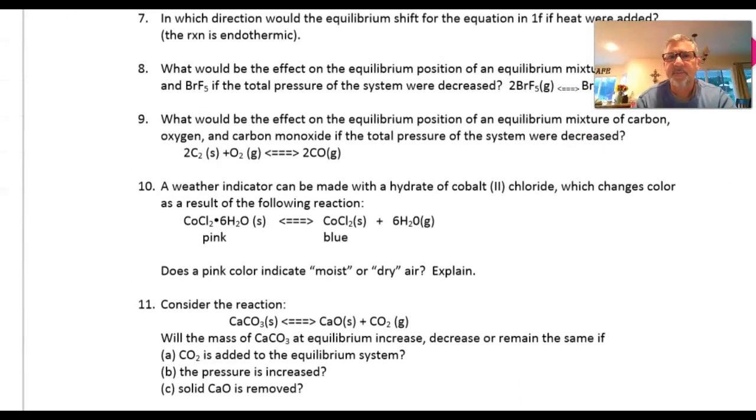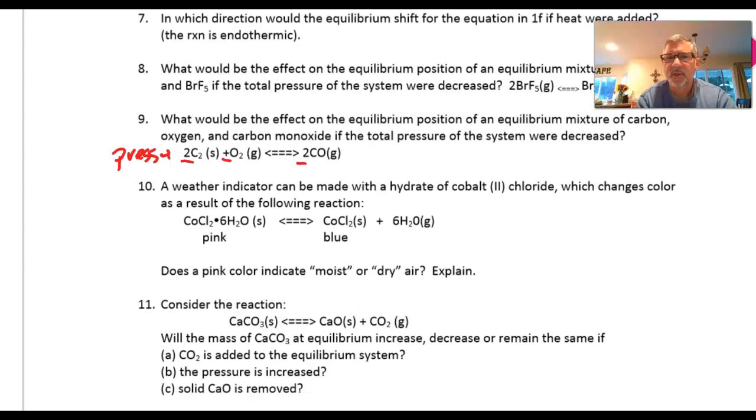Alright, so let's look down here. What effect would it have on the equilibrium position of a mixture of carbon, oxygen, and carbon monoxide if the total pressure were decreased? Again, these are all gases. I have 2, 3, and 2. There's more pressure over here.